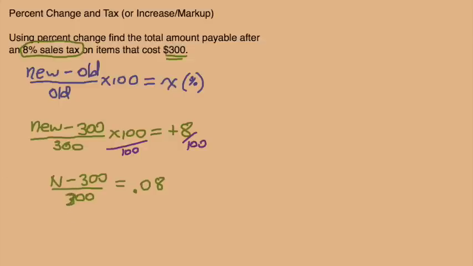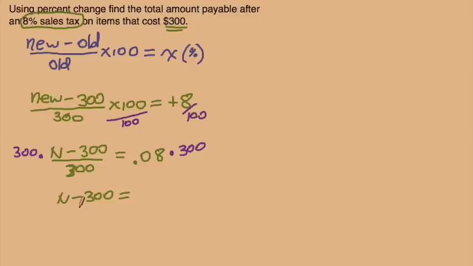Alright, to solve this, we have to get rid of that 300 in the denominator. So you'd multiply both sides by 300. And the 300s are going to cancel. And you are left with N minus 300 is equal to 0.08 times 300, which is 24.